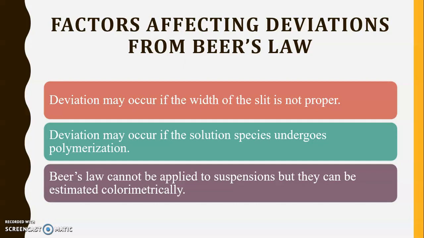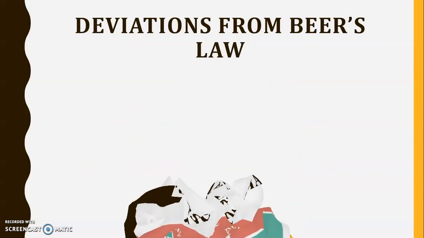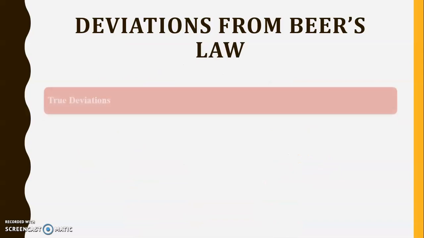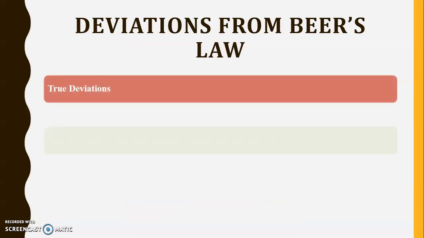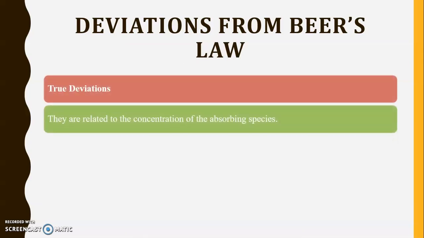Whatever deviations we have seen can be categorized under three factors. One is true deviation. What is the meaning of true deviation? They are related to the concentration of the absorbing species. These deviations are not under our control because they are related to the absorbing species involved in that experiment.